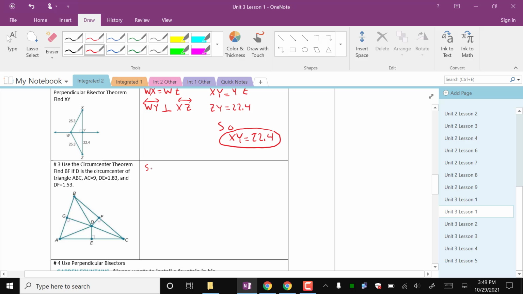So EC equals 1/2 of AC, and it gives us what AC is. It says AC is 9. So we know EC is going to be half of 9. So 1/2 of 9 is 4.5.